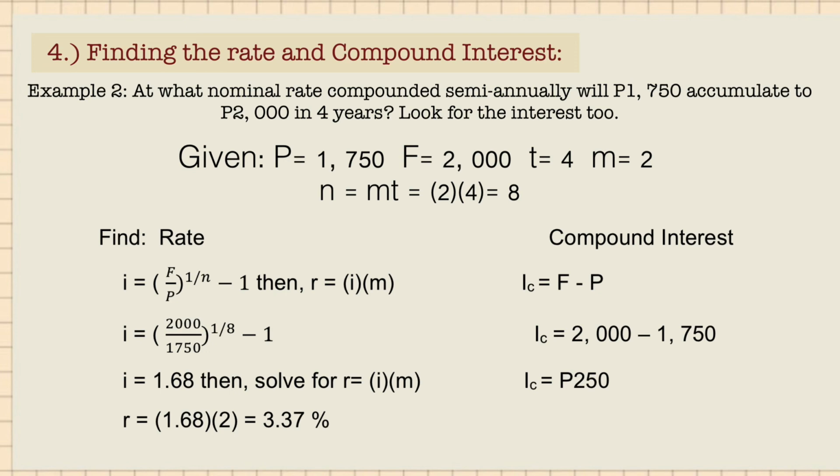Now, we get the answer of 1.68. Then, solving for R, we have I times M, which is 1.68 times 2, we get 3.37%.